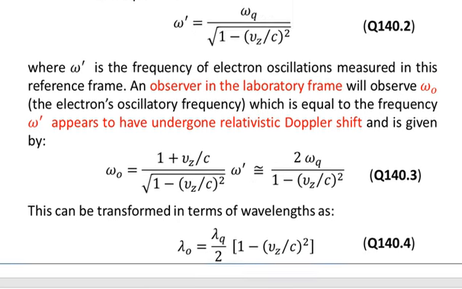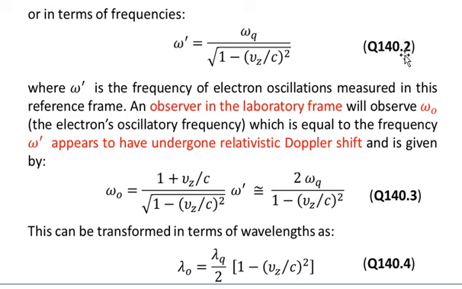We can introduce omega prime from equation number 2, and after cancellation of the common terms we have omega naught approximately equal to 2 omega q divided by 1 minus (Vz over c) whole square. This factor of 2 comes from considering Vz nearly equal to c.